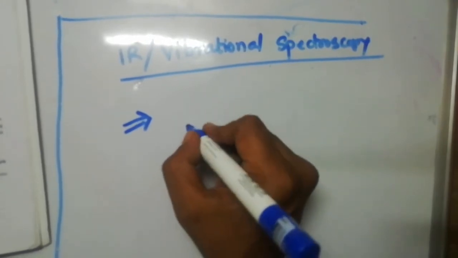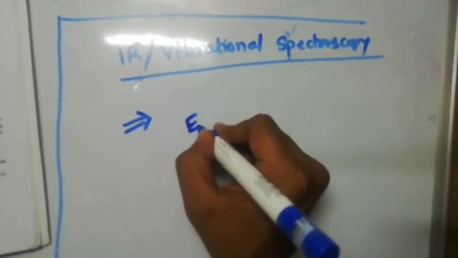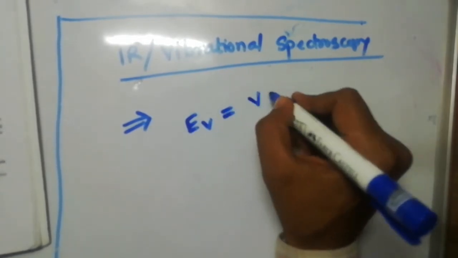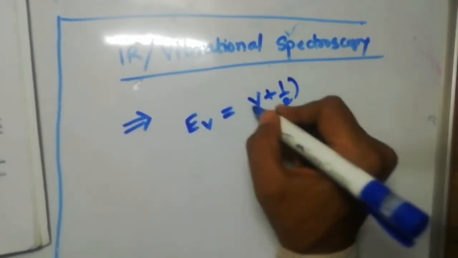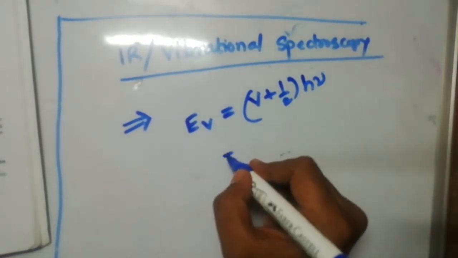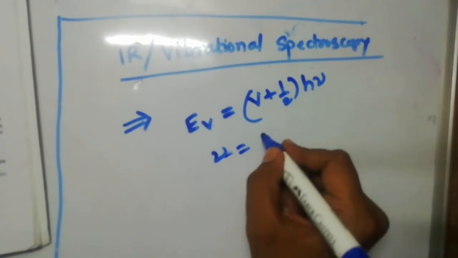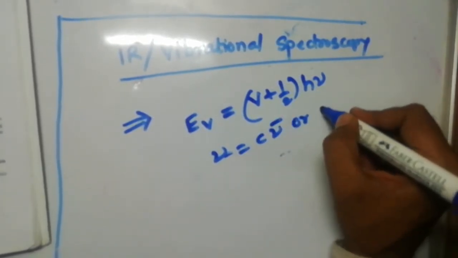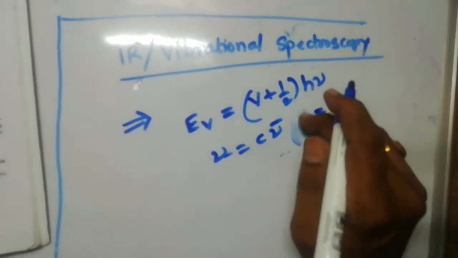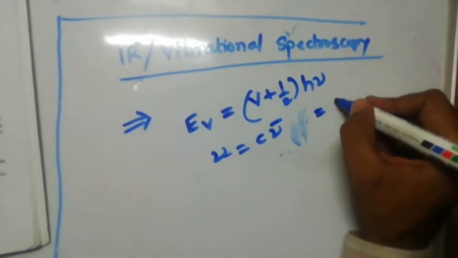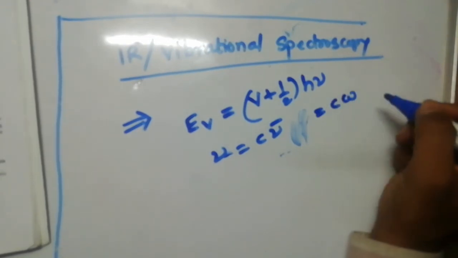According to the Schrodinger wave equation, quantum mechanics has given us the value as (v plus half) h nu, or you know nu is equal to c nu bar, and in the context of IR spectroscopy, nu bar is also referred to as omega.